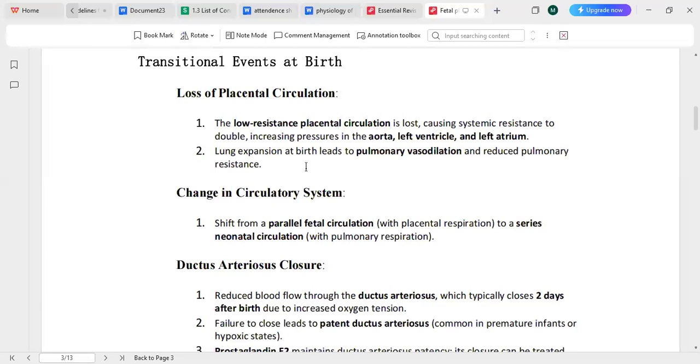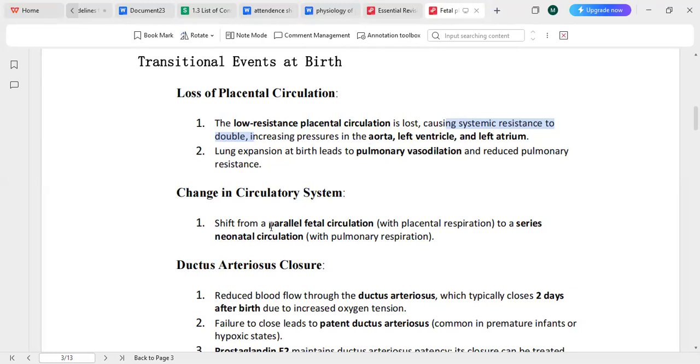So what happens after birth? The low resistance placental circulation is lost, causing systemic resistance to double, increasing pressure in the aorta, left ventricle, and left atrium. Lung expansion at birth, after taking the first breath, leads to pulmonary vasodilation and reduced pulmonary resistance.